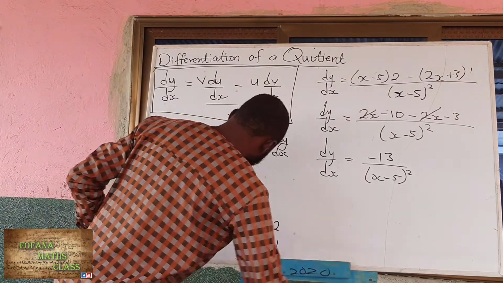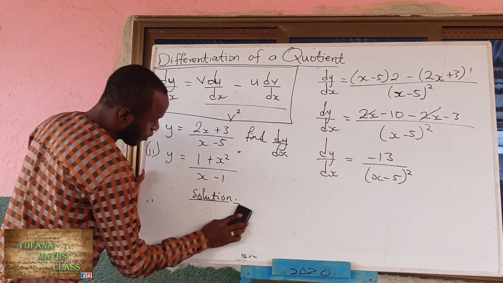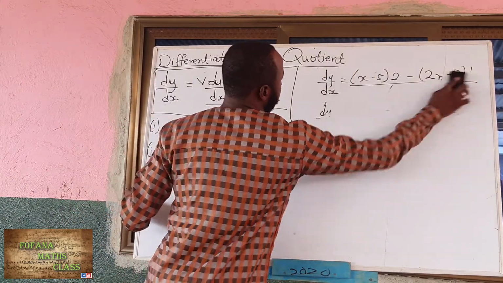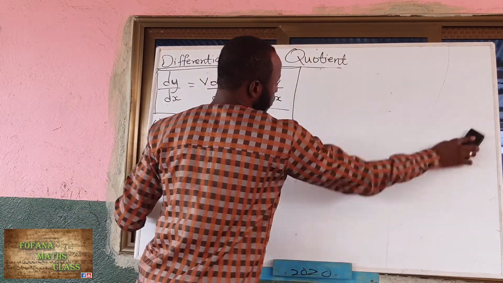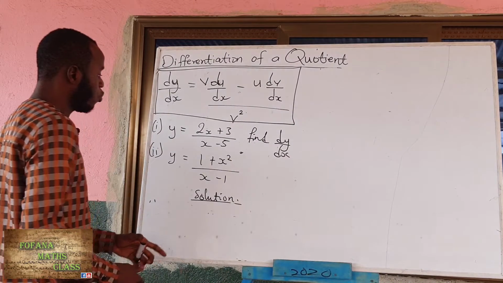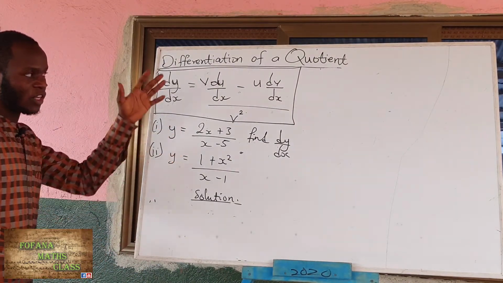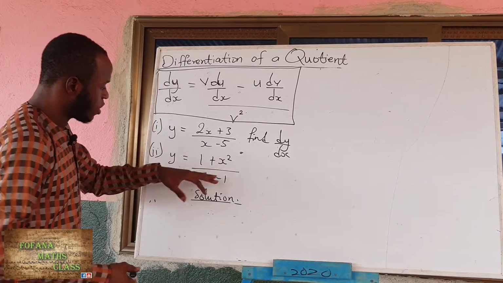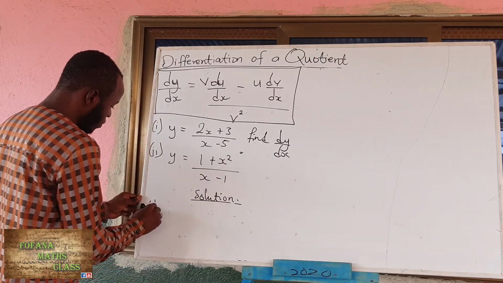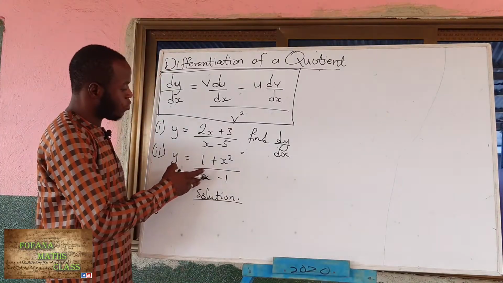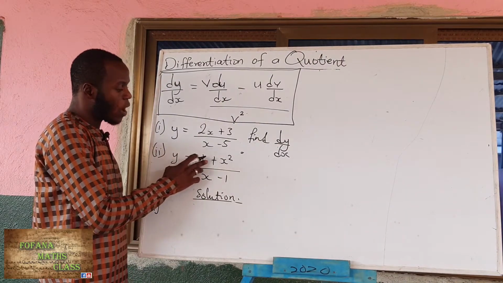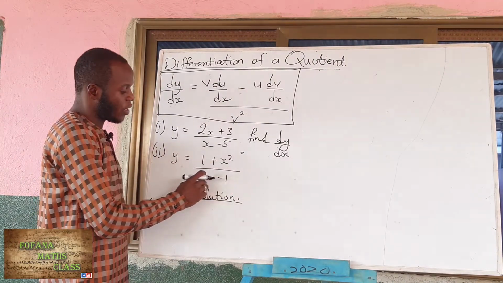Now quickly we will look at the second question. I urge you to pause the video and solve the second question, then play it and compare the answer you obtained with the one I am about to obtain. The second question is y equals 1 plus x squared all over x minus 1.